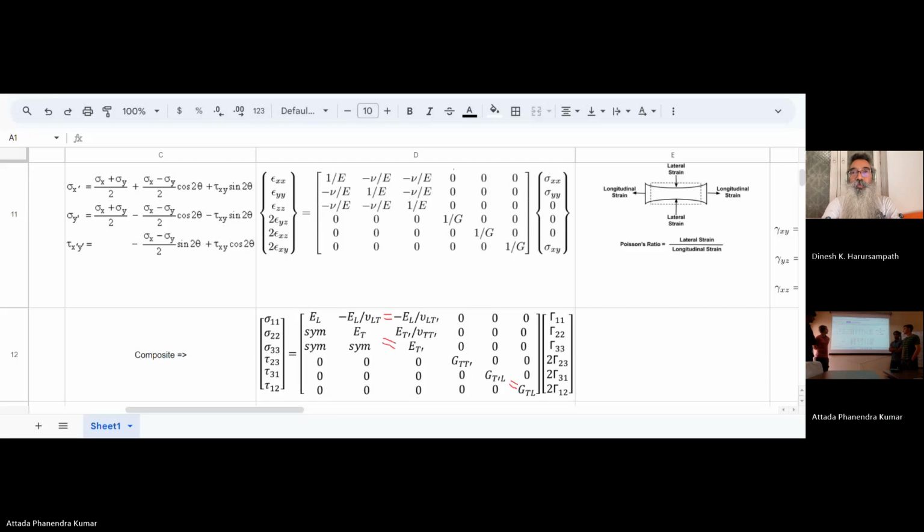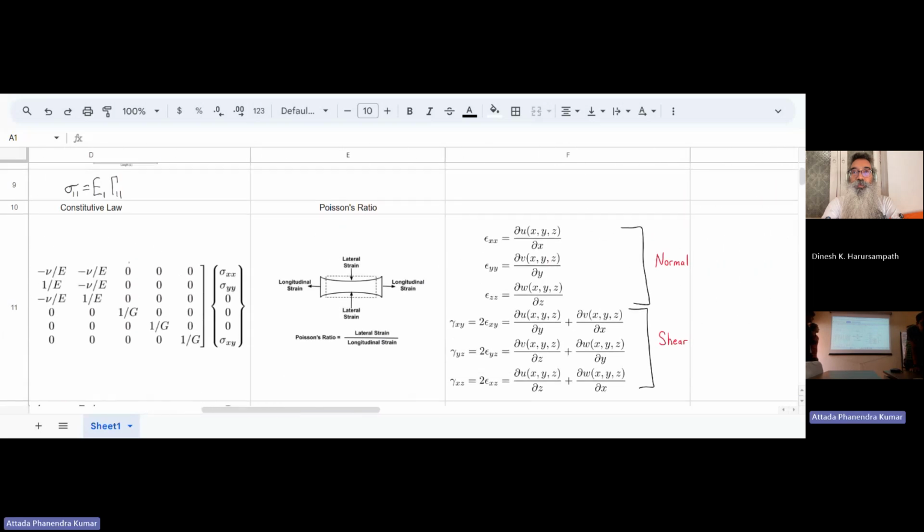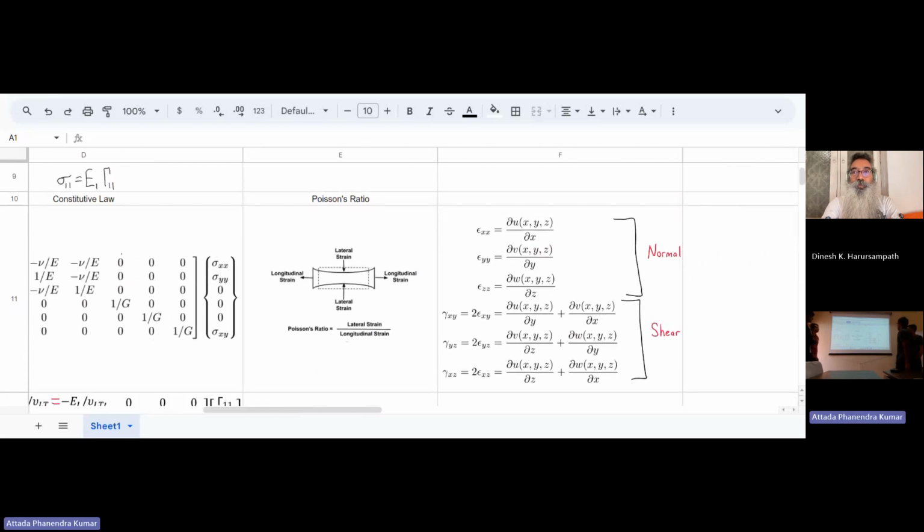Just one note: later, at the very end, we tied this into how this helps us derive the C. So to the right, we have the Poisson's ratio, which we of course use in the constitutive law.